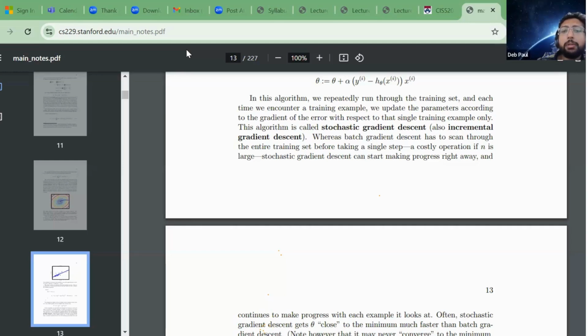Hina, in terms of incremental data, yeah, you can use stochastic gradients. Aman, you have a question? Sir, how will we come to know which gradient descent we should use: stochastic gradient descent or full gradient descent? As I said, if you have a lot of data, it becomes very difficult for you to wait, right?